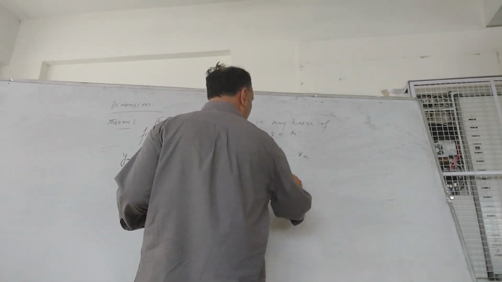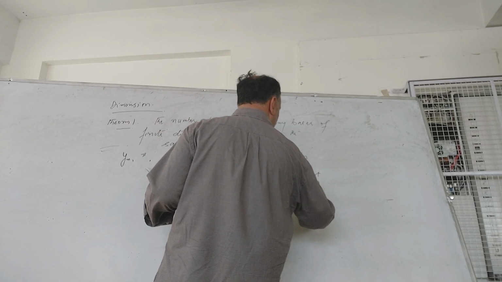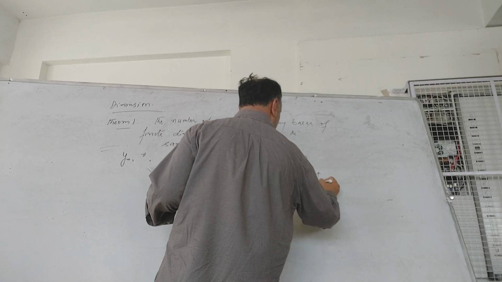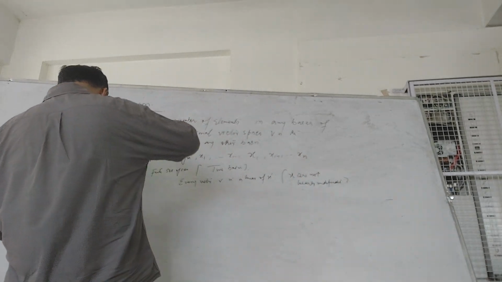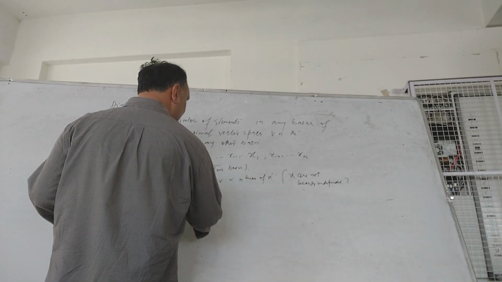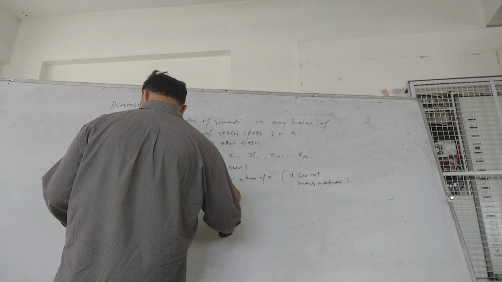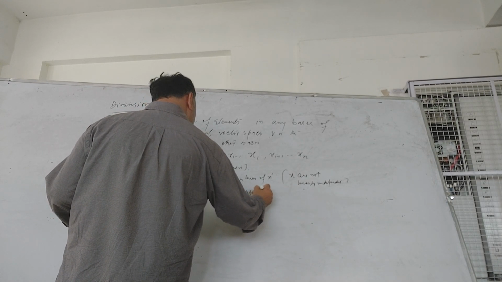But x's are not linearly independent. This is one case. And in another case, what we are going to see is that y's are linearly independent, but not every vector is a linear combination of them.